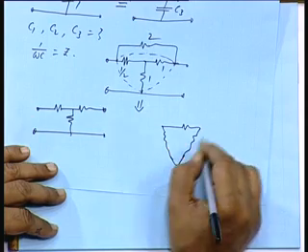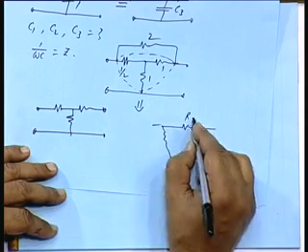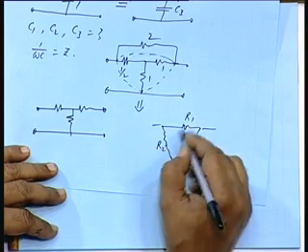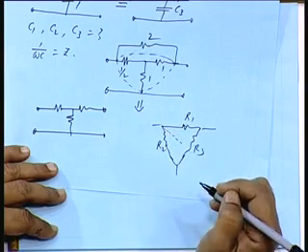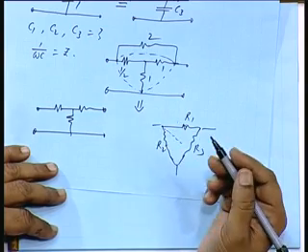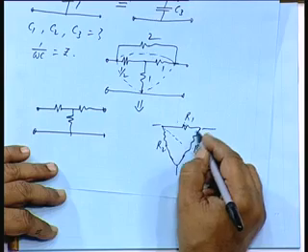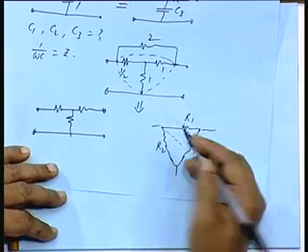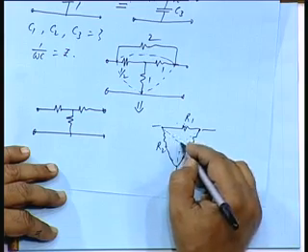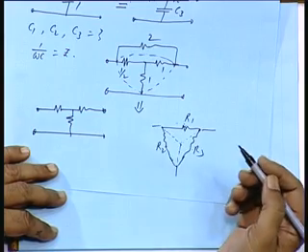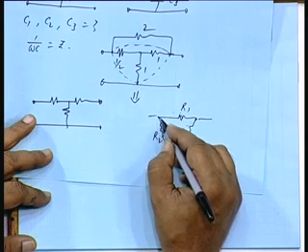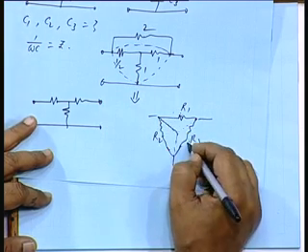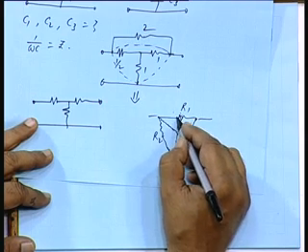If you want to go from delta to star, suppose this is R1, R2, R3. So, the one which will be in the lap of R1 and R2 will be R1 R2 divided by the sum. Similarly, R1 R3 divided by the sum will be this, all right. And the reverse will be, suppose you are given the star elements, if you want to calculate the delta element. So, suppose this is the element, then the element opposite of this will be equal to this.